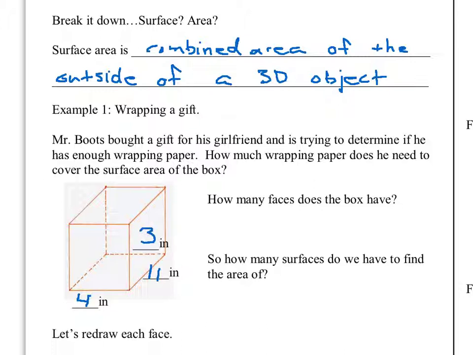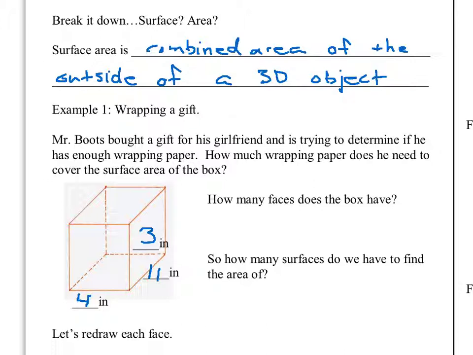Now, looking at this particular box, what type of three-dimensional geometric solid is this? Rectangular prism. It has how many bases? 2 bases, so it's a prism.